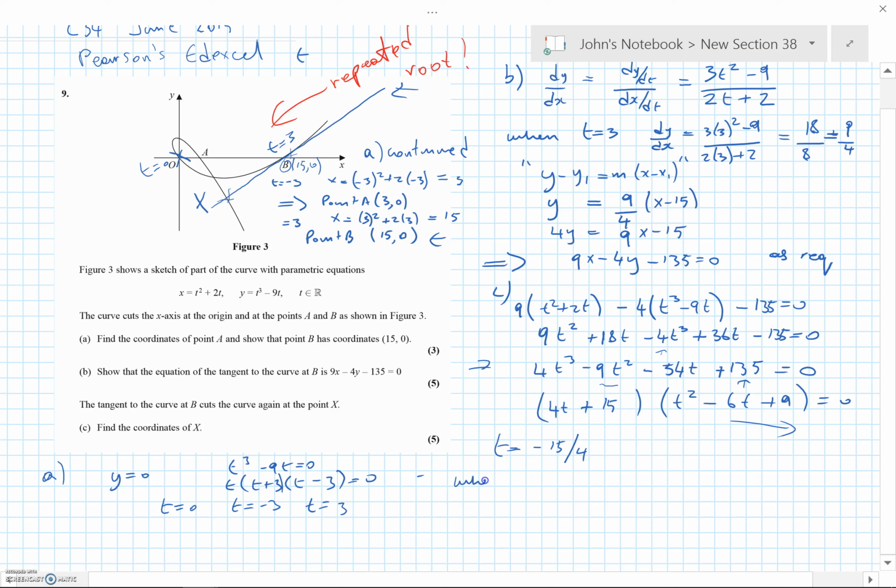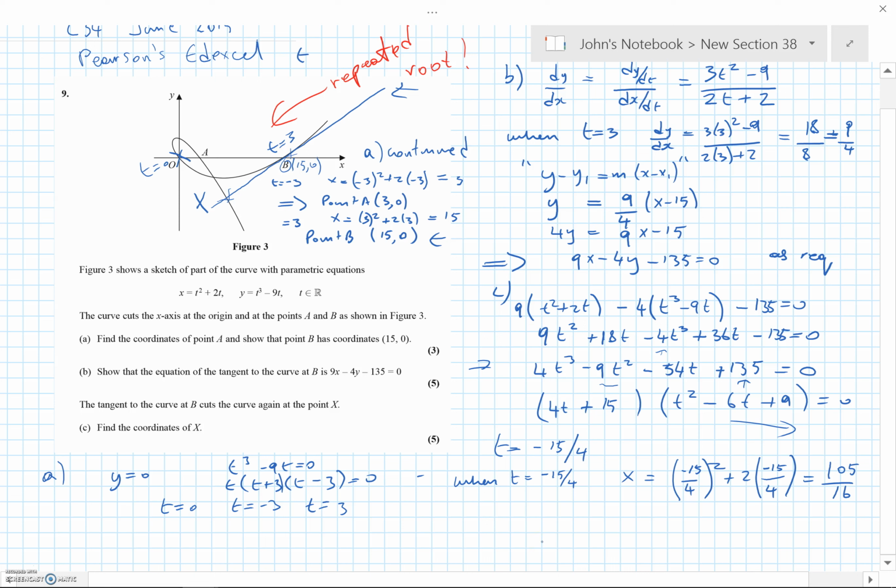So when t equals minus 15 over 4, x equals minus 15 over 4 squared plus 2 times minus 15 over 4. Okay, and if we work that out, it comes to 105 over 16, as an exact answer.